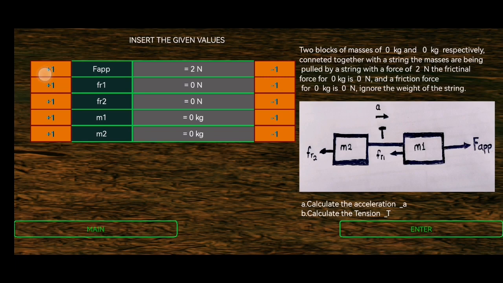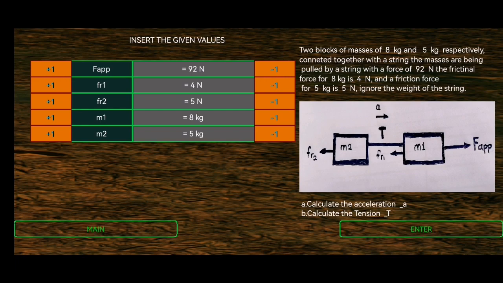So let's say the applied force, the one that is applied, say it's 90, and then the frictional force, you can check which frictional force we are representing, and then the mass. So we are required to calculate the acceleration and the tension force.